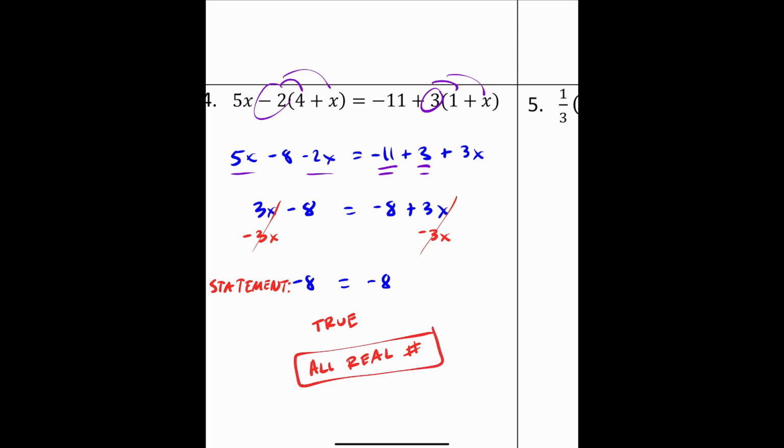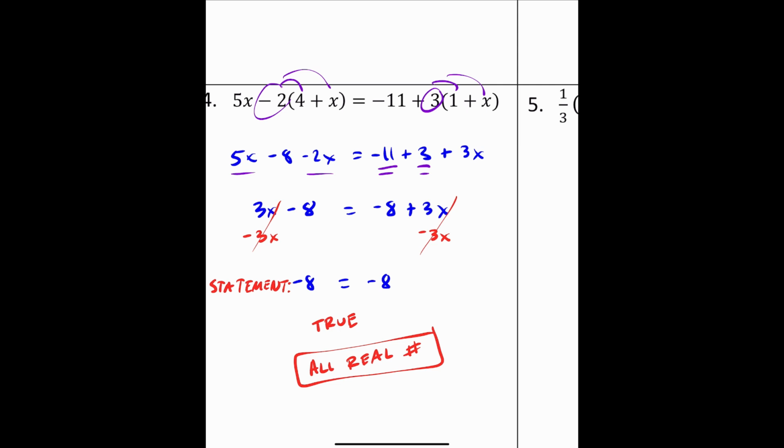And the reason our answer is all real numbers is because whenever I plug in an x value, it doesn't matter what x value you use, the left-hand side will always equal the right-hand side. So if you plug in 1 or 2 or 5.675, the left-hand side is equal to the right-hand side once you use your order of operations.